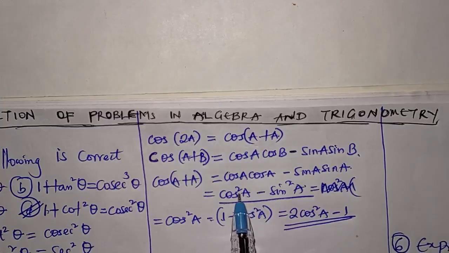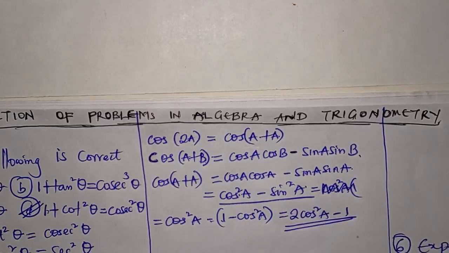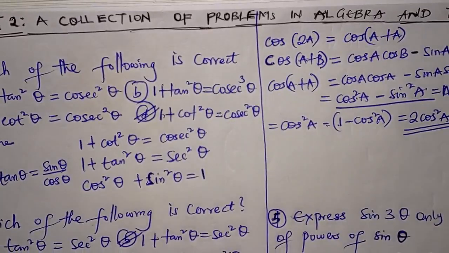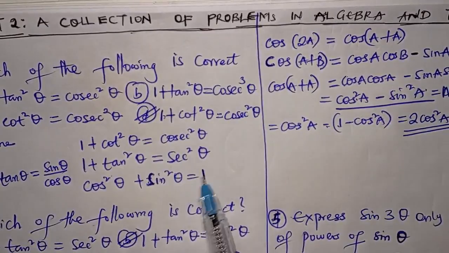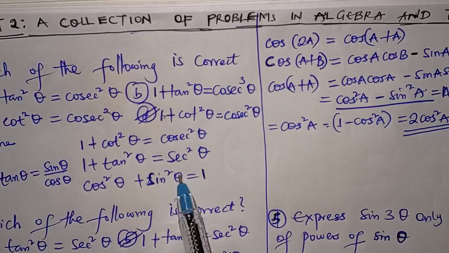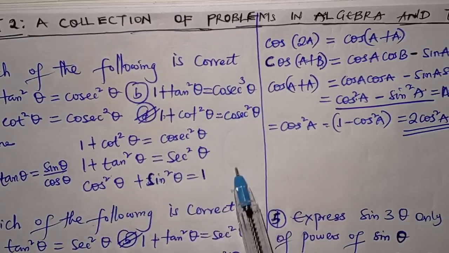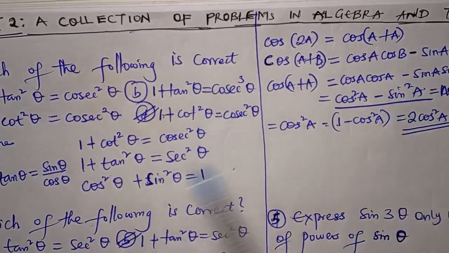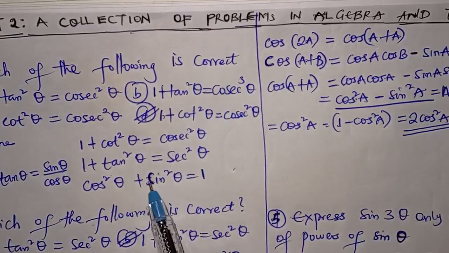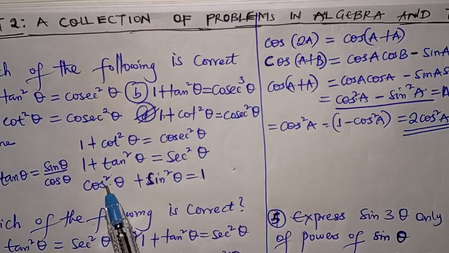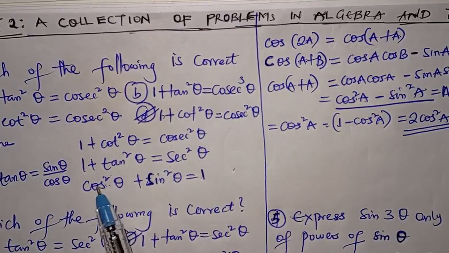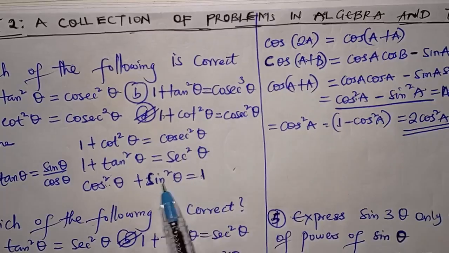Or I can replace this cos squared A with 1 minus sine squared A. I told you cos squared theta plus sine squared theta is equal to 1, so I can make either sine squared theta or cos squared theta the subject of the formula. If I make sine squared theta the subject, I'll have sine squared theta equal to 1 minus cos squared theta. And if I make cos squared theta the subject, it will be cos squared theta equal to 1 minus sine squared theta.